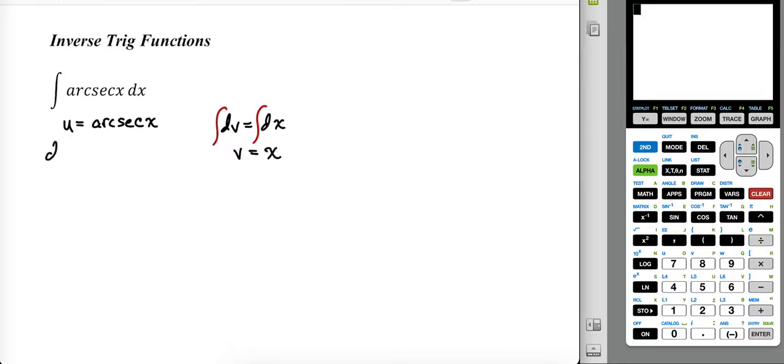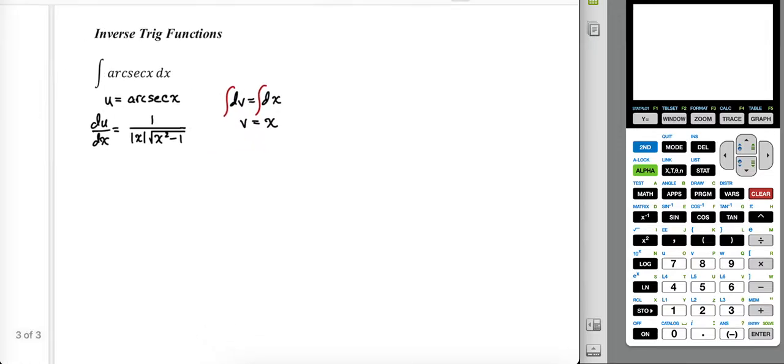If I differentiate, I get du, we could say du dx, is equal to, we'll do that first. We're just going to move it over anyway, but this is going to be equal to, it ain't going to be pretty. So 1 over the absolute value of x times the square root of x squared minus 1.